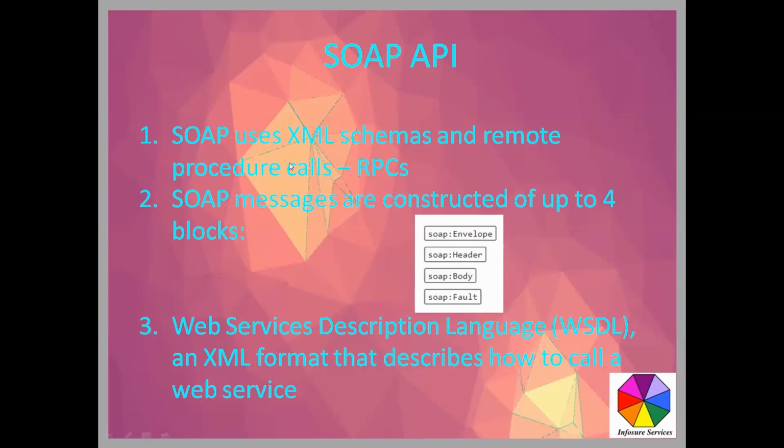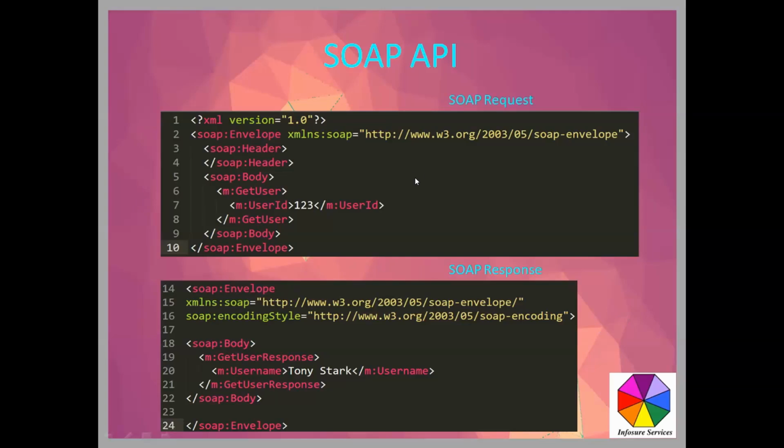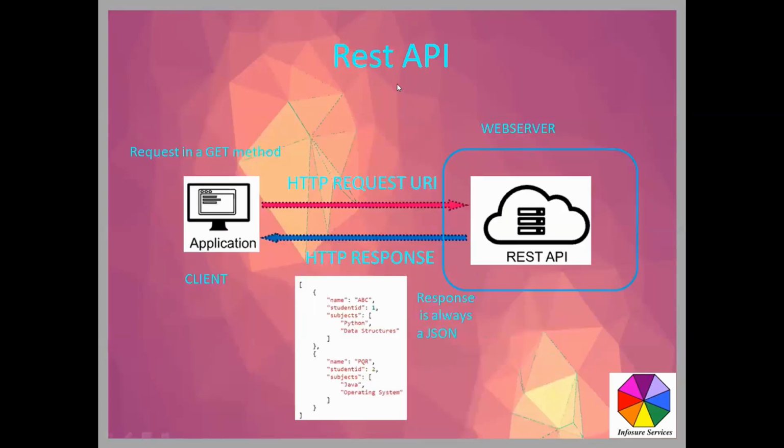SOAP uses XML schemas and remote procedure calls, so when you had to make any modification, it used to be more difficult, and the payload used to be complex to understand.